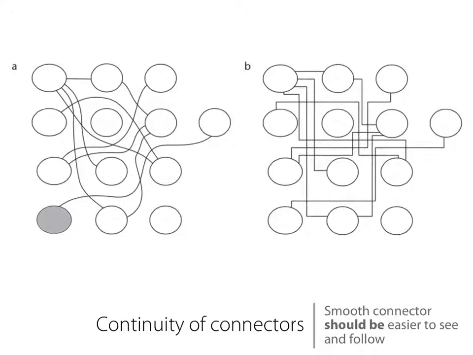Then take this one right here, and visually go down and look to see what all the ones are that it's connected to. Now try to do the same thing over here, and just try to do it visually.